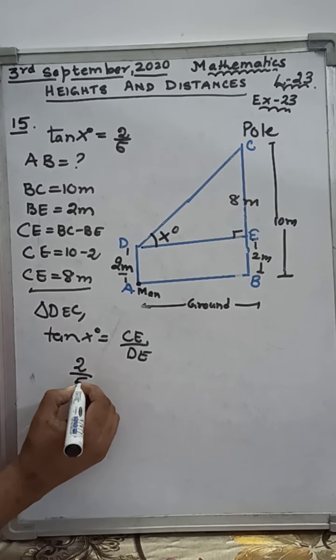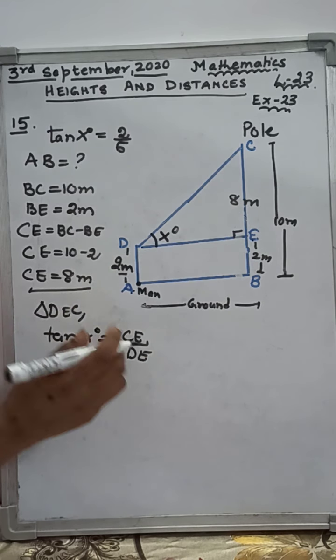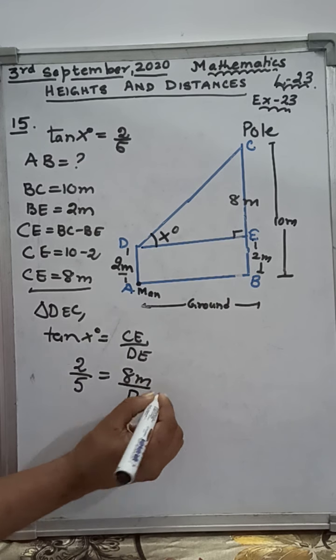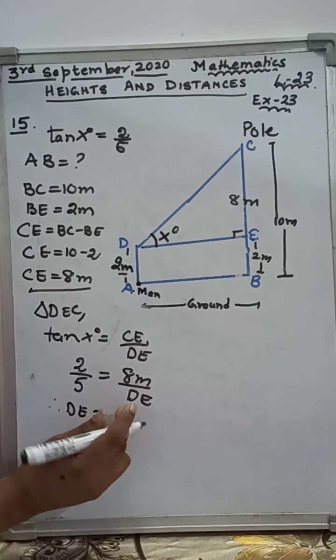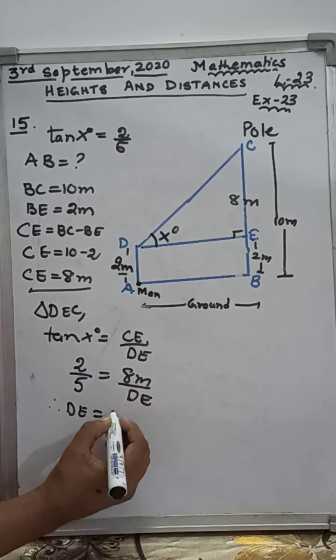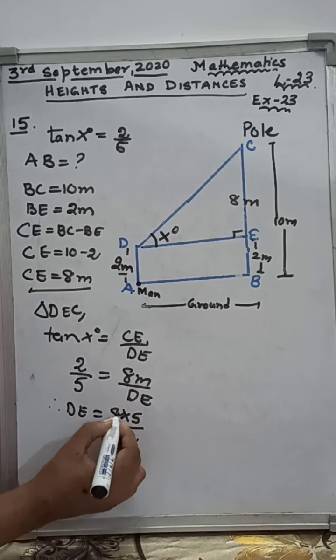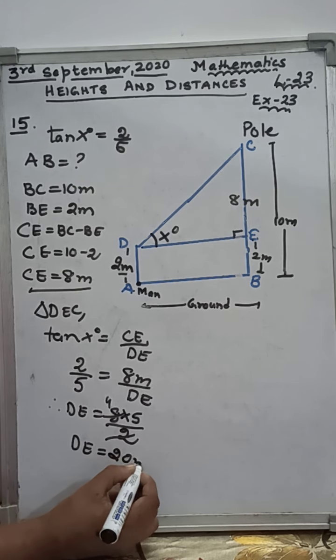So you have to substitute. CE we have already calculated as 8 meter. And we will find out the DE. So therefore DE will be equal to, you will take it on the left hand side, 8 multiplied by 5/2. Now you will simplify. So DE will come out to be 20 meter.